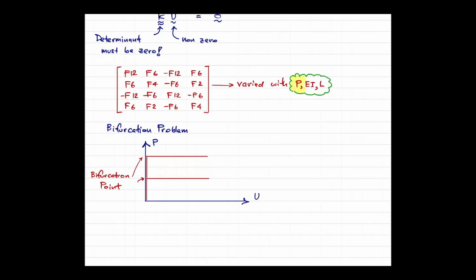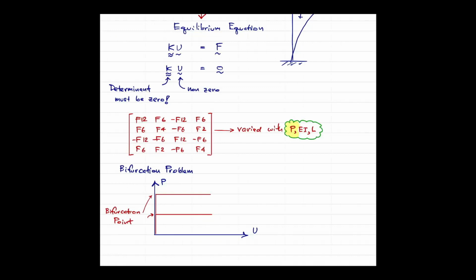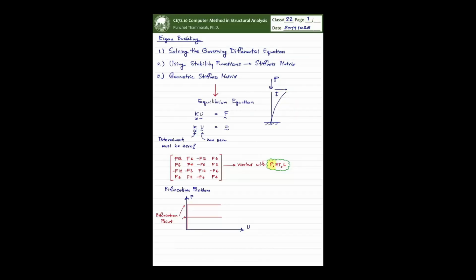Then let me give you the geometric stiffness matrix, which is also the relationship with the axial load, but simplified. You recall that the stability functions are made of trigonometric functions, basically a lot of sine, cosine put together.